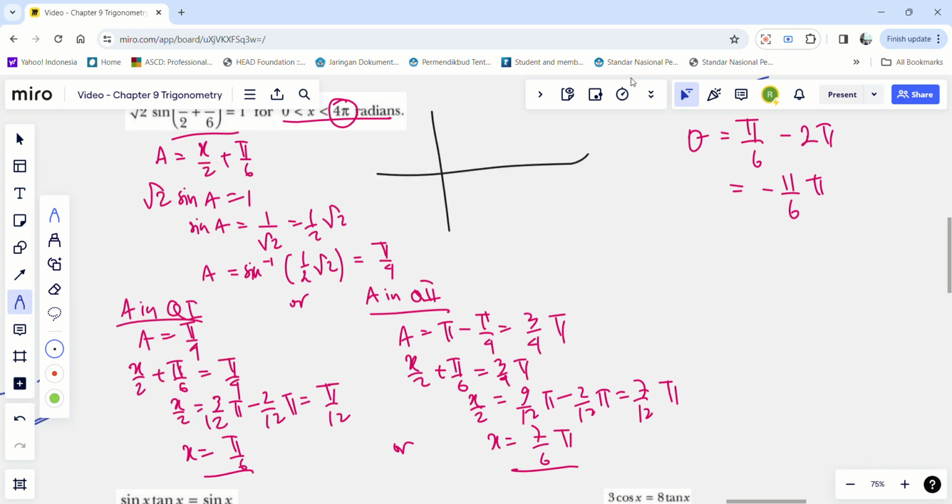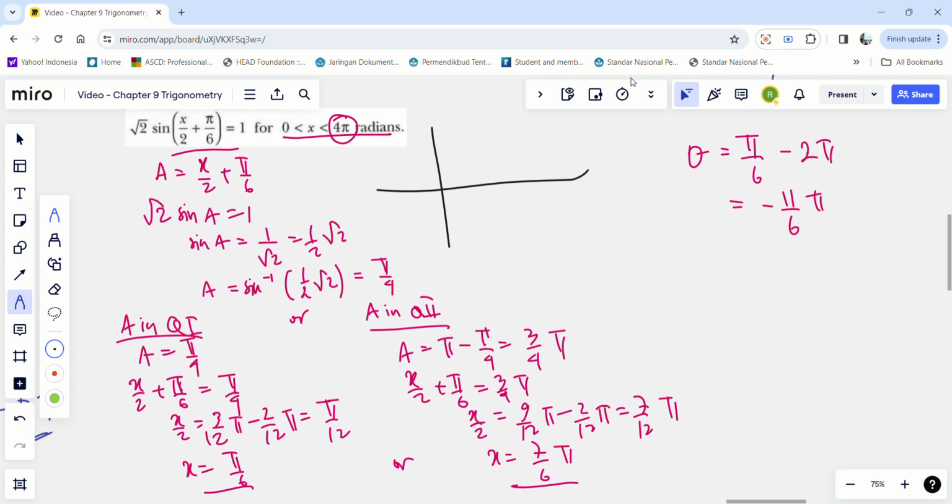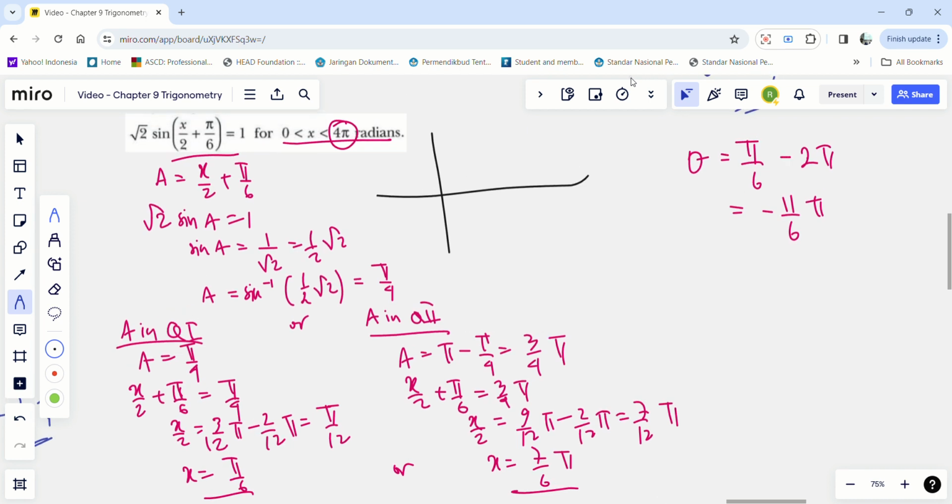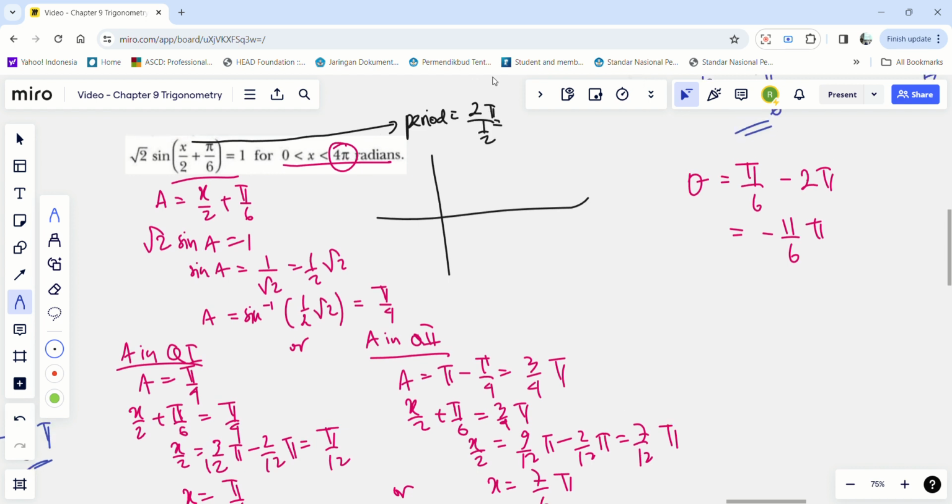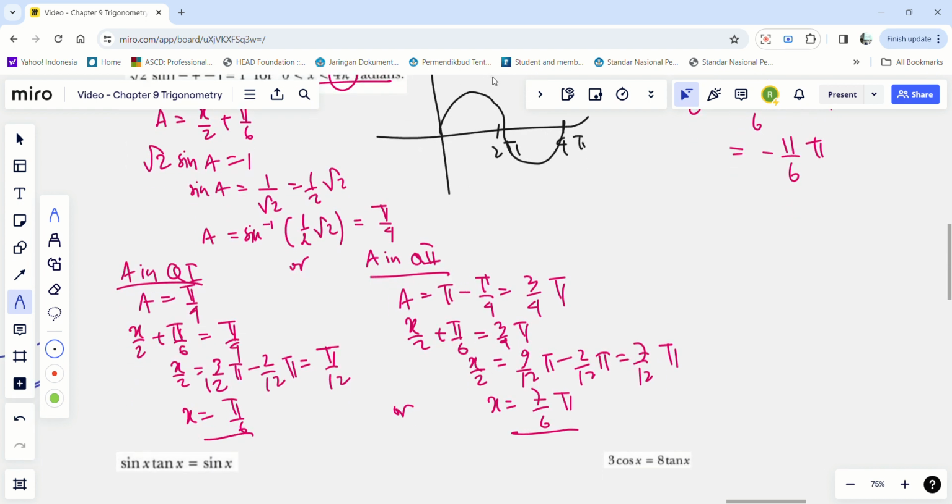If you sketch the graph of square root of 2 sine of this, you see it's a half x rate, so the period will be 2 pi over half. The period becomes 4 pi, so up till 4 pi is one cycle.